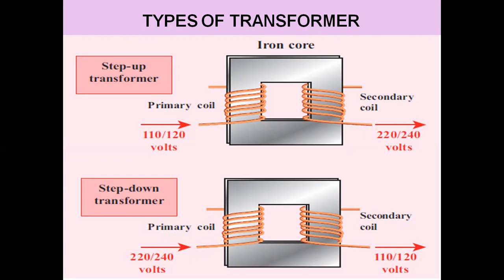The current used here is alternating current. In this transformer, DC current cannot be used, only alternating current.